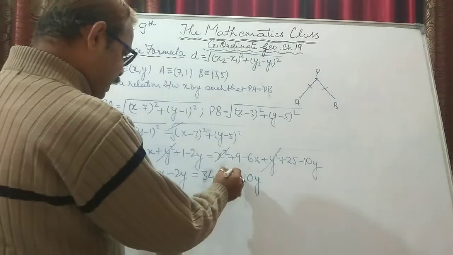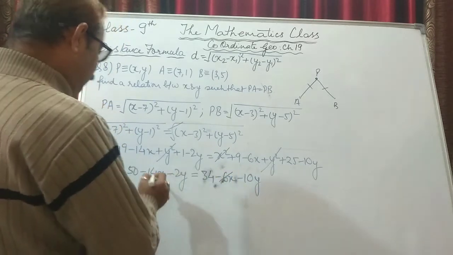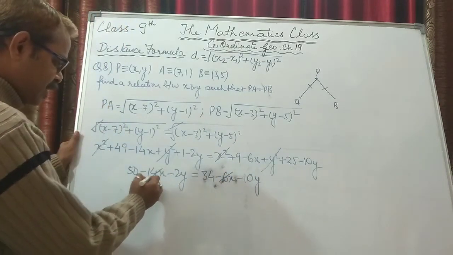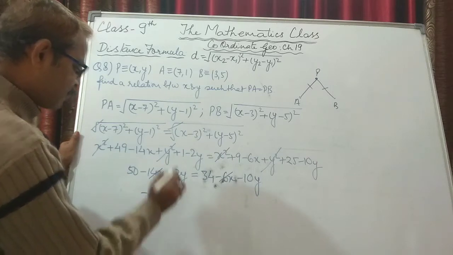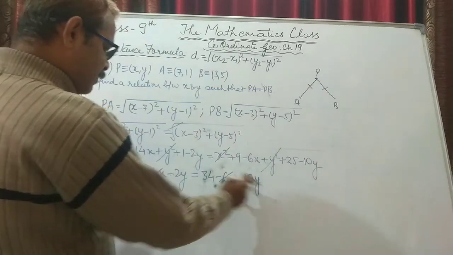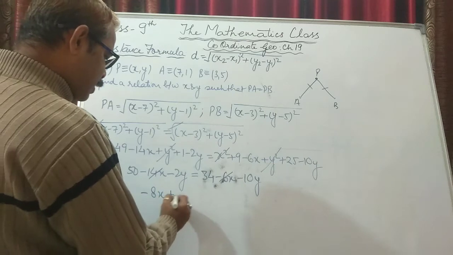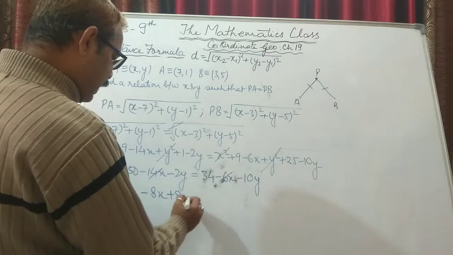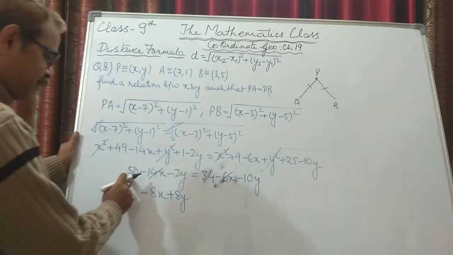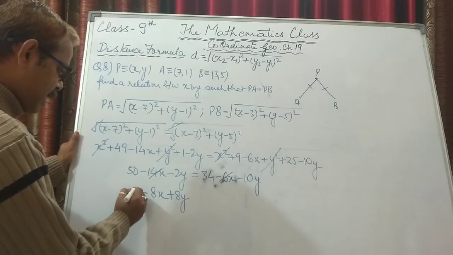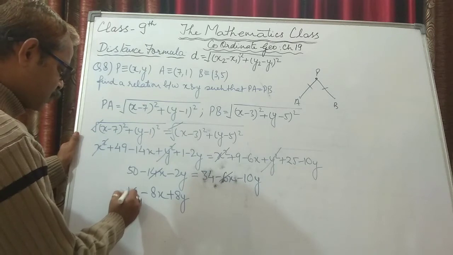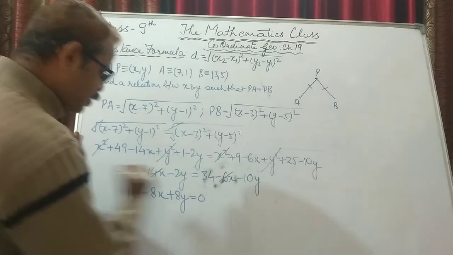So minus 6x comes to the side, we are left with 8x. Minus 10y comes to the side, it will become plus, so plus 8y. And 34 comes to the side, 50 minus 34 is 16, so 16 is equal to 0.